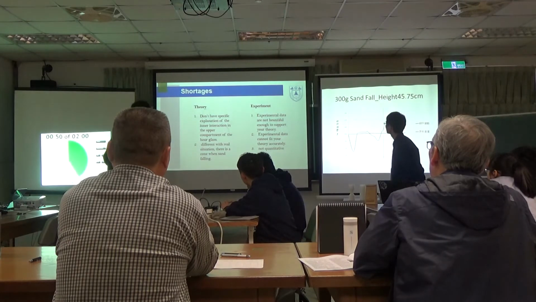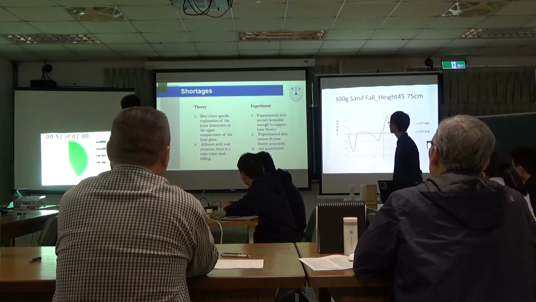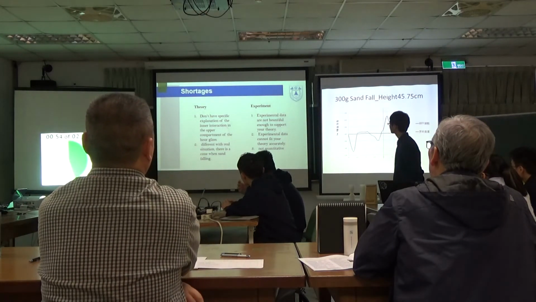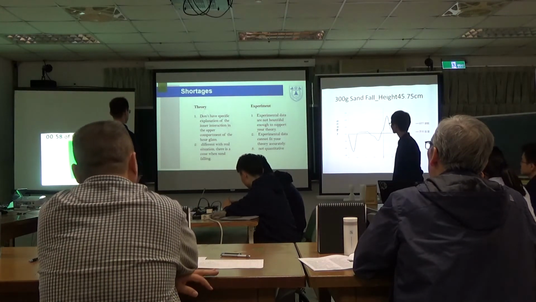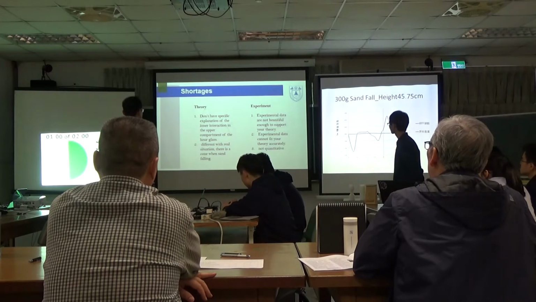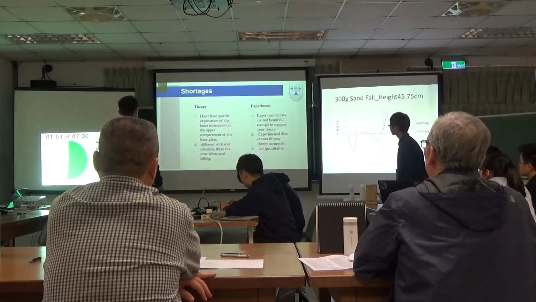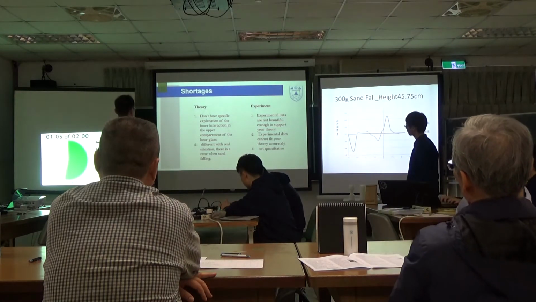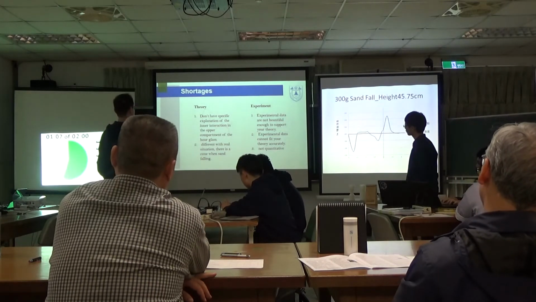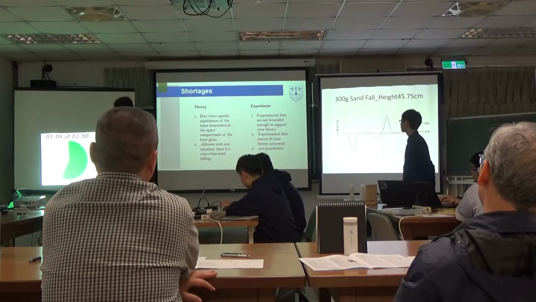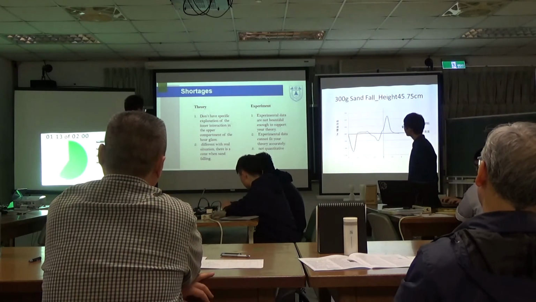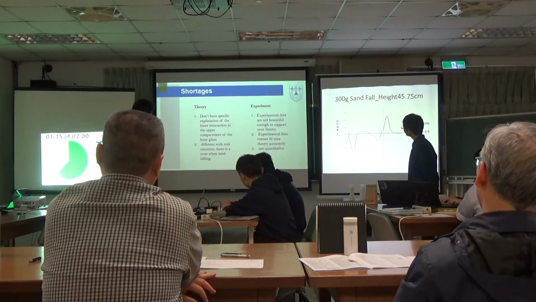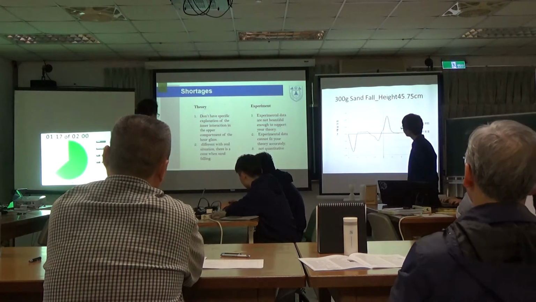The shortcoming is that they don't have a specific explanation of the inner interaction in the upper part of the hourglass, and there is a difference from the real situation. In the experiments the data is not so abundant, and the experimental data can't fit your theory.